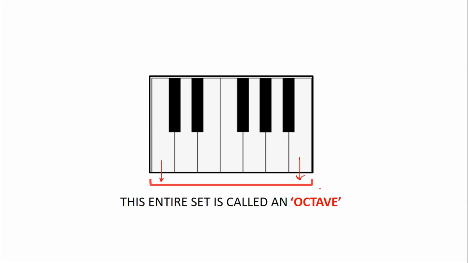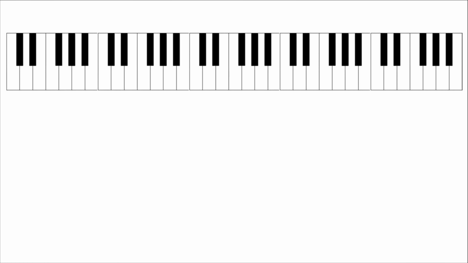Remember, this entire thing is called an octave. So let's quickly understand how many octaves are there in the given image. If you kindly observe, the octave starts from here before the set of 2 black keys, and it ends over here after the set of 3 black keys. So basically, this is the first octave.